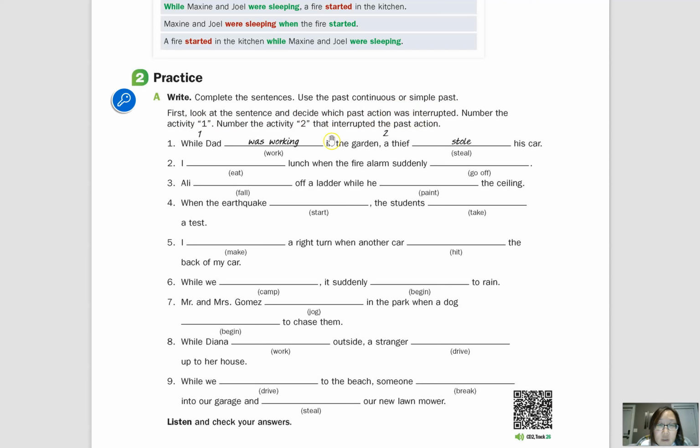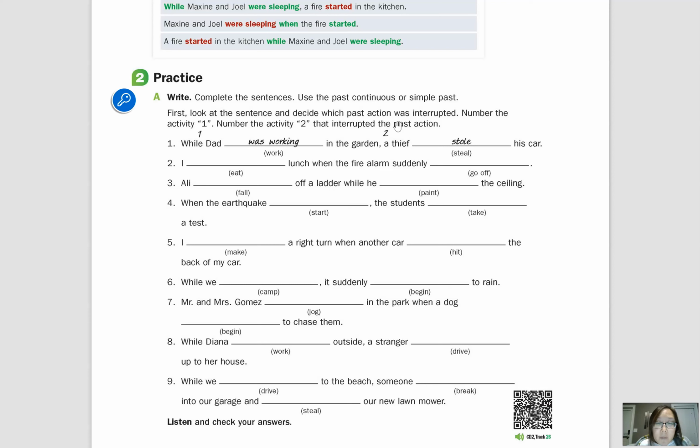So that means you will see two past actions. Of course, one of them is past continuous. So one activity is ongoing, and then one activity interrupted the ongoing activity.